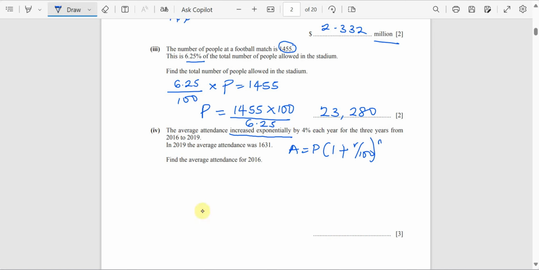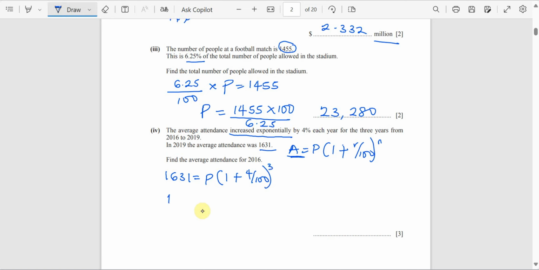A is the population after the increase, that should be the population in 2019, and in this case it is 1,631. P is the attendance that we started with in 2016, which is what we are looking for. Then 1 plus R over 100 is the rate, and that's raised to the power of n, which is the number of years.